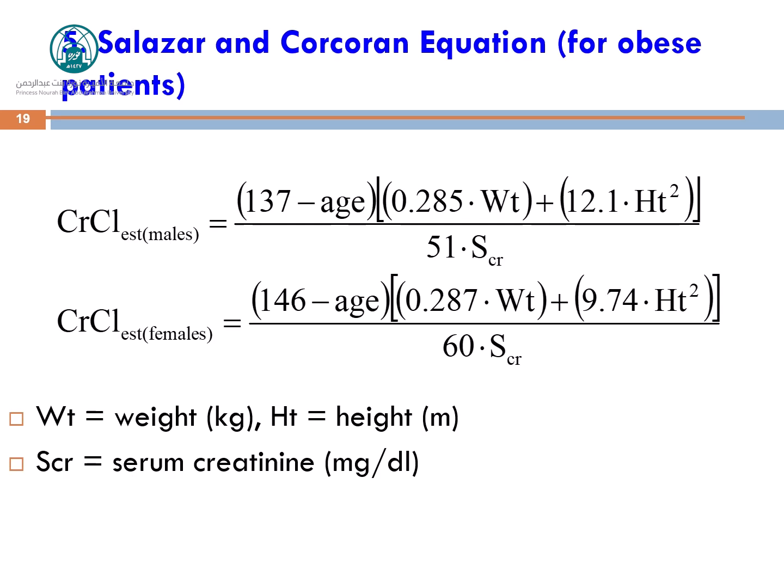So according to Salazar and Corcoran equations for obese patients, here are the 2 equations for males and females for the estimated creatinine clearance. For the males, the equation to calculate the estimated creatinine clearance is 137 minus the age in years, multiplied by 0.285 times the weight in kilograms, plus 12.1 multiplied by the height squared.